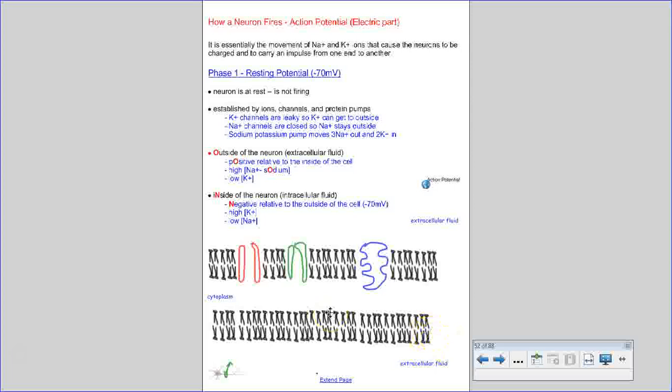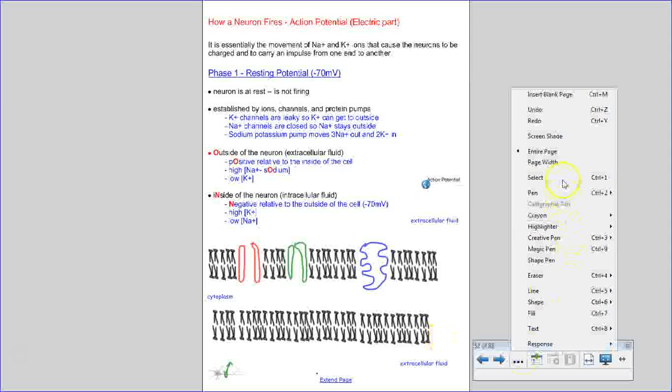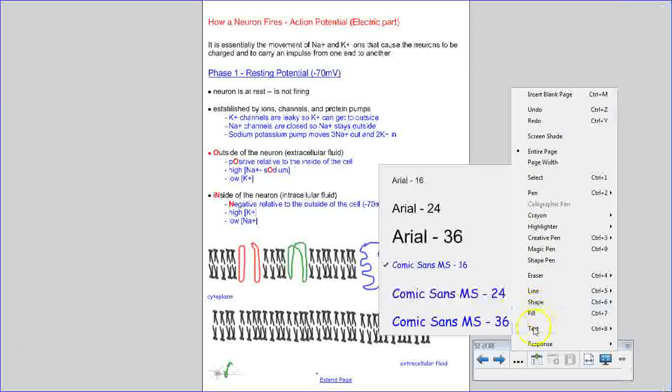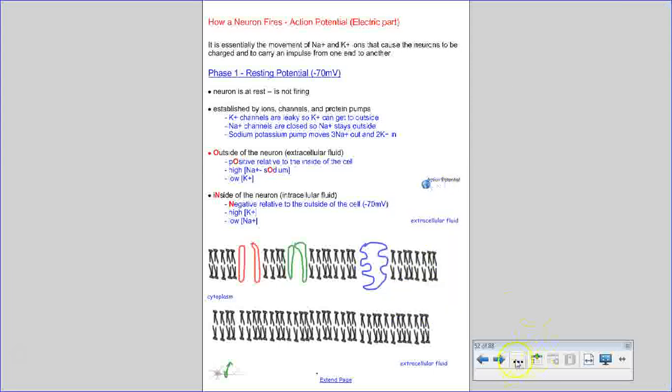Okay. So, if you read through here, it talks about the fact that in the resting membrane, the one that's leaky, if you read, the one that's leaky is the potassium ion channel.